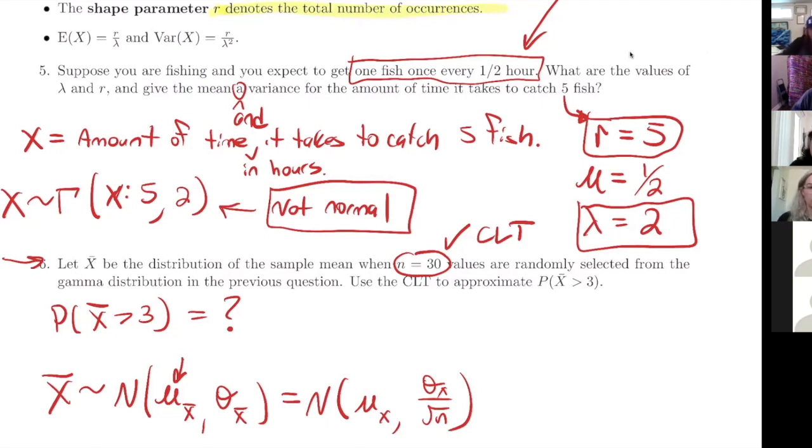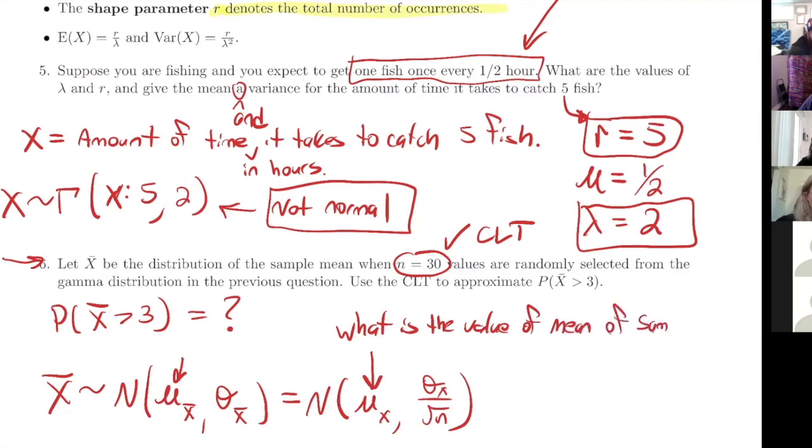Either chat in what the mean is going to be, or if people aren't chatting, I'll take that as you've got some questions, and then maybe we should set up breakout rooms. I'll set it up so that you can chat me. The question is, what is the value of the mean of the sampling distribution? And then next we'll think about the standard error.